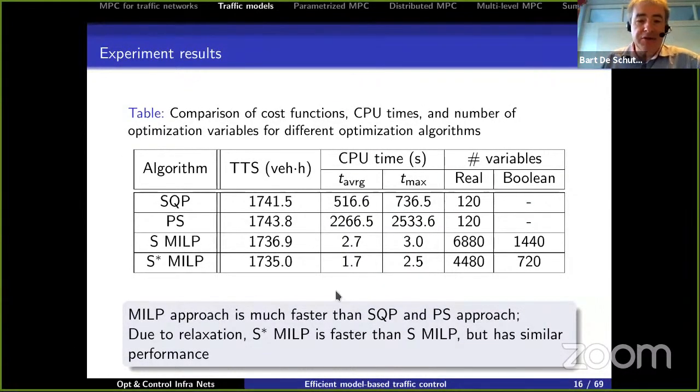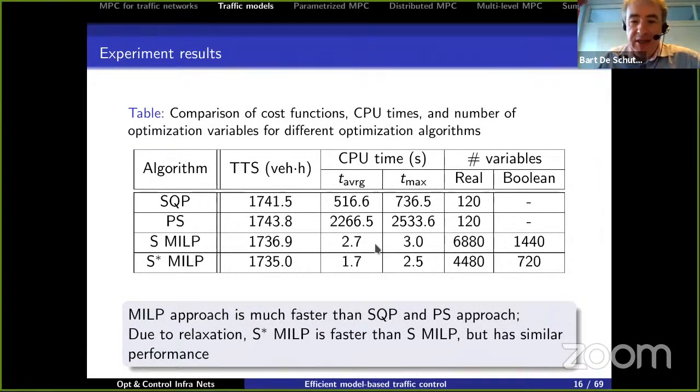And then you see here the results. So we have SQP and pattern search, which are true nonlinear solvers. And then we have the MILP solver and also the S star, which is a further approximation of the S model. Then you see here the total time spent, and we see that in this particular case, the nonlinear solvers cannot really solve the problem to optimality in the given time span, so their performance is actually worse than the MILP solvers.